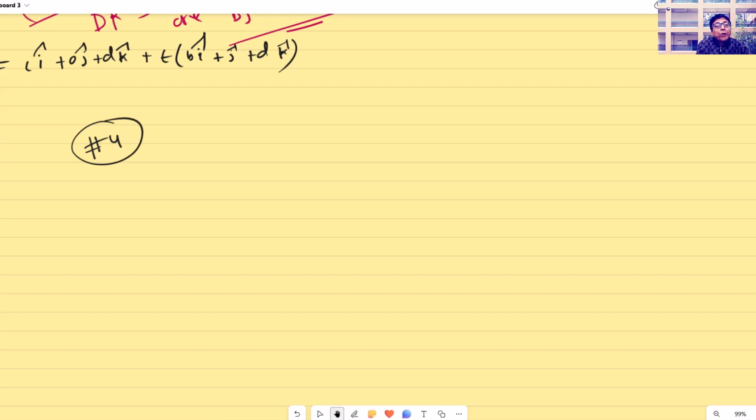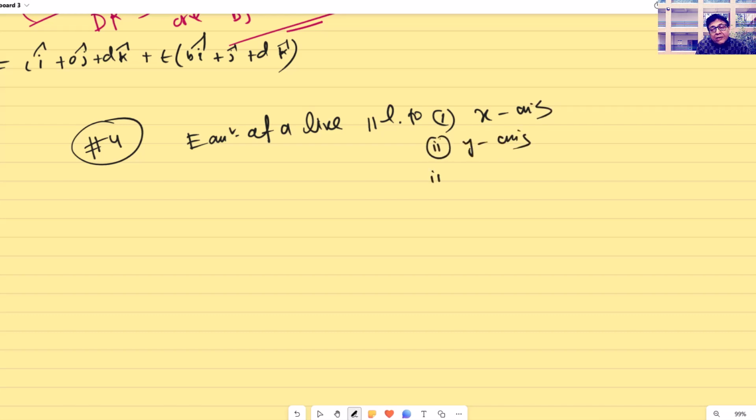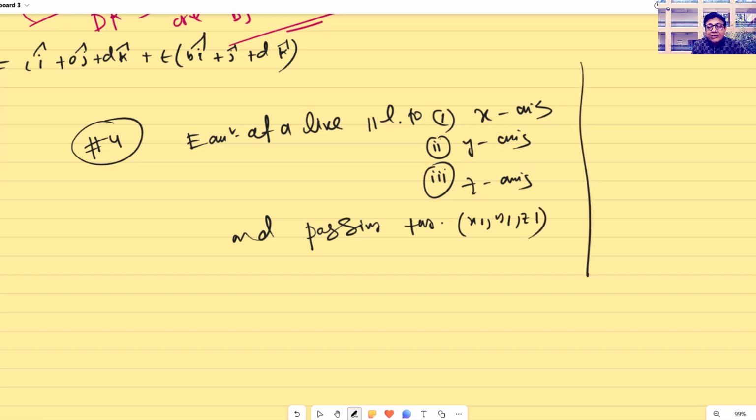Next, four important points on the equation of a line in symmetrical form. How to write the equation of a line parallel to number 1 x-axis, number 2 y-axis and number 3 z-axis, and passing through a given point x1, y1, z1?